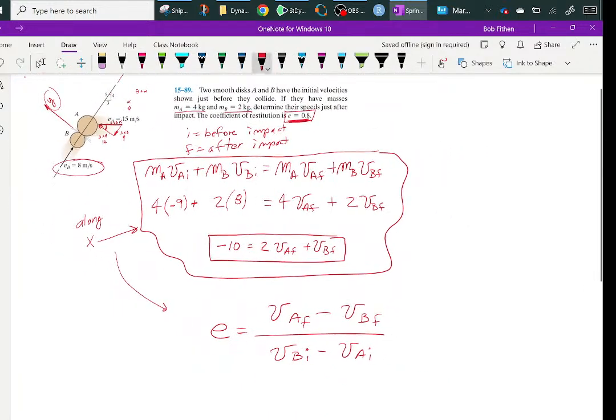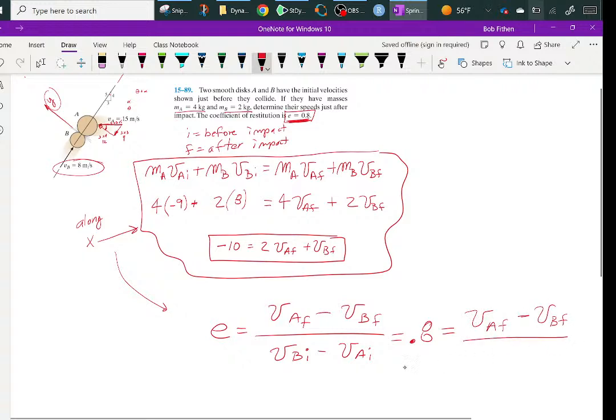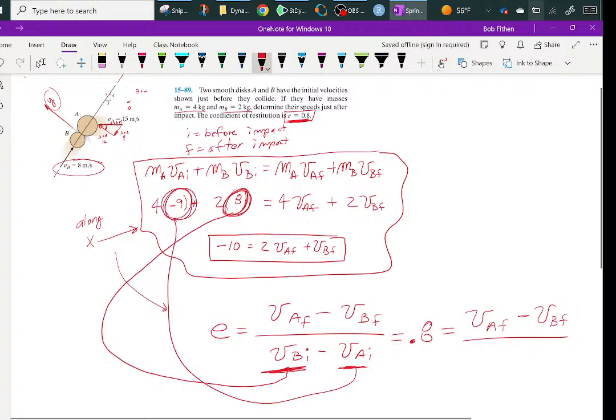It tells me this is 0.8, and I'm sort of stuck because I don't know this, but I have this value doing this, and I have this value doing that. And so I have the first one, 8 minus 9.